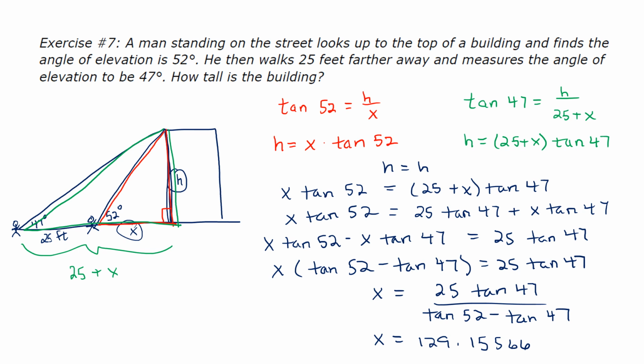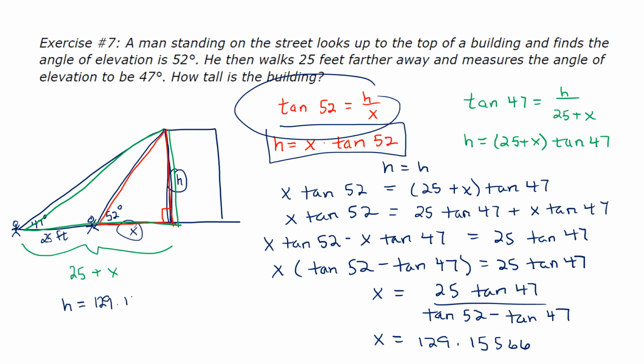I'm going to use the red equation to help me find h. So I know h equals x times the tan of 52. I'm going to take my x and multiply it by the tan of 52, and I'm going to get 165.3117063.